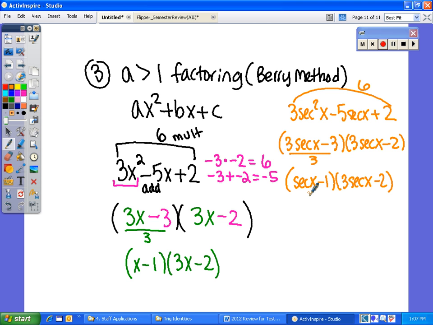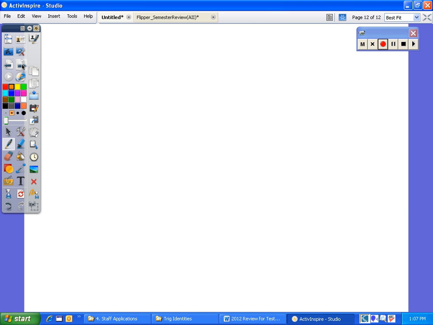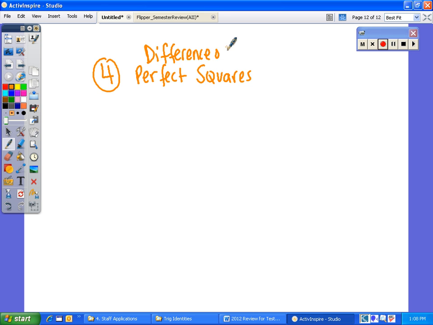Okay, the last type of factoring is perfect square factoring. And we call this the difference of two perfect squares. Okay, so it's usually like ax squared minus by squared, something like that.